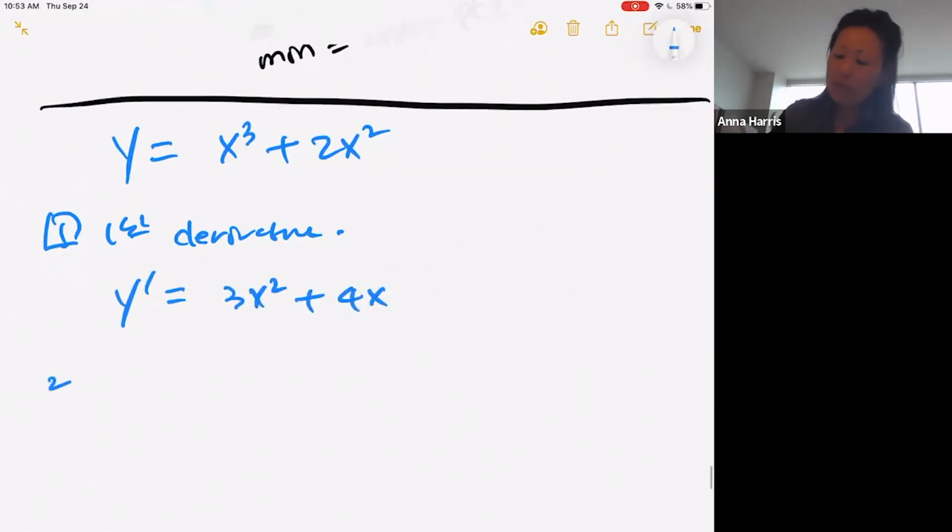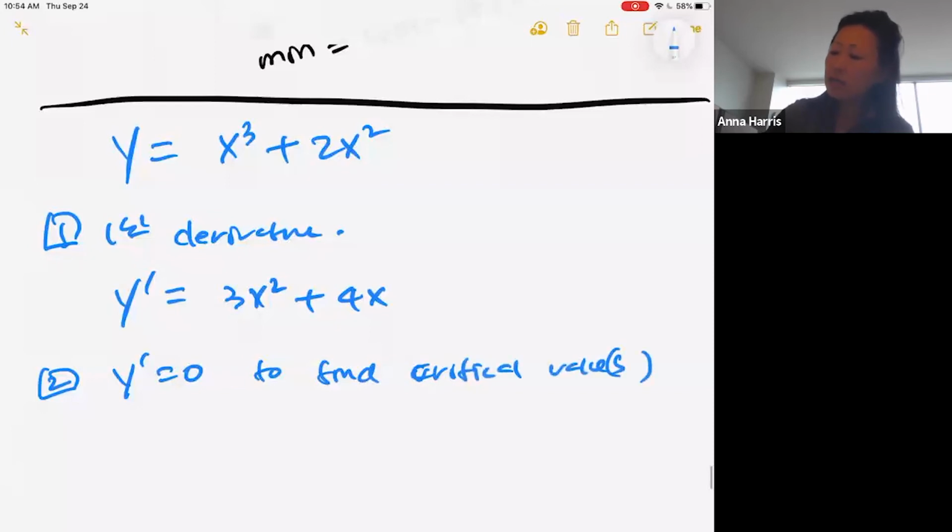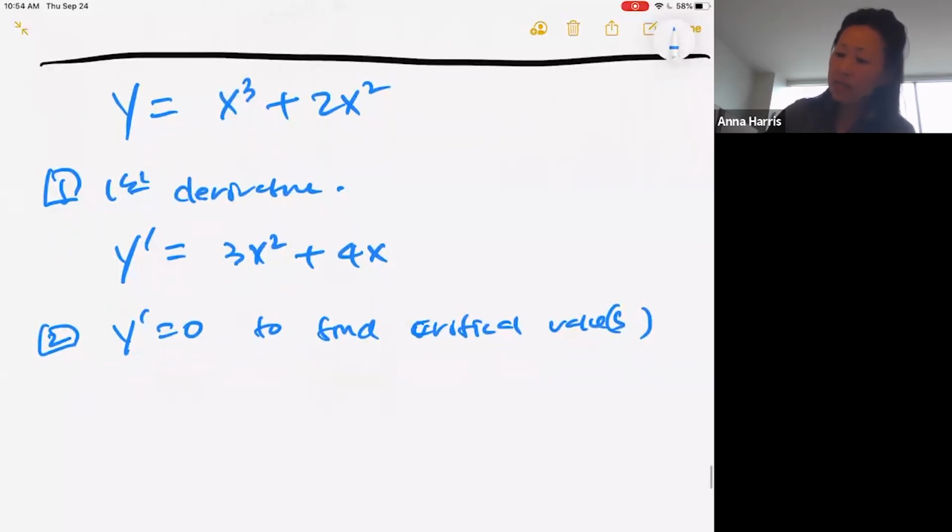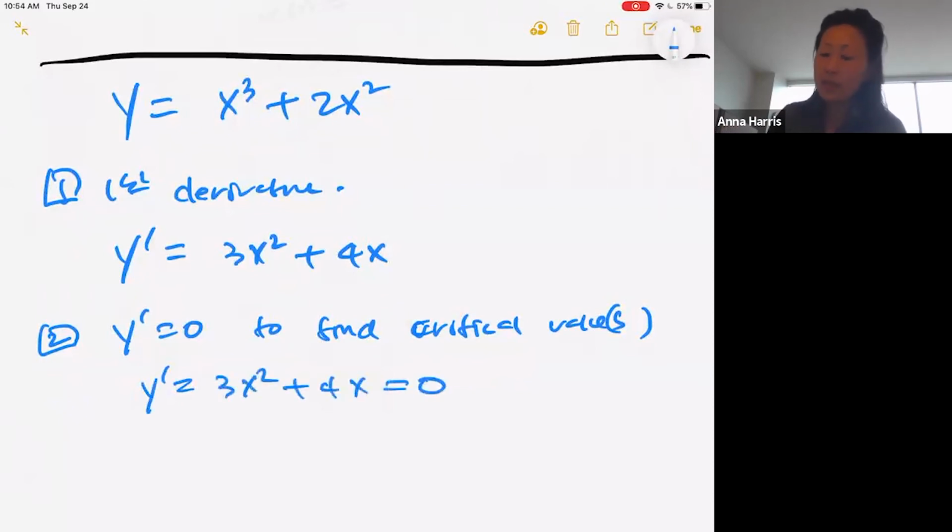And then what do you do after that? I'm going to set this equal to 0 to find critical what? Values. All right, so y prime equal to 3x squared plus 4x, I'm going to set that equal to 0. And I have 3x squared plus 4x equal to 0.